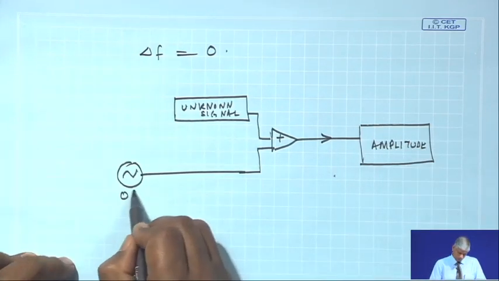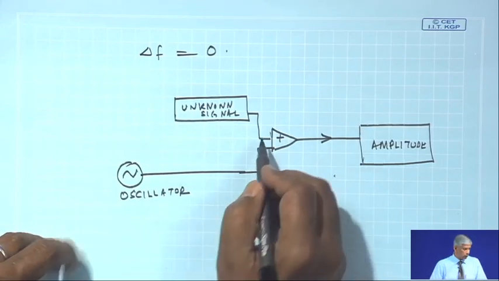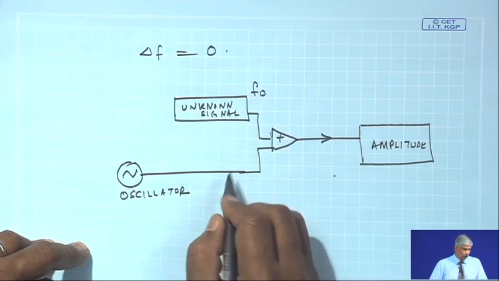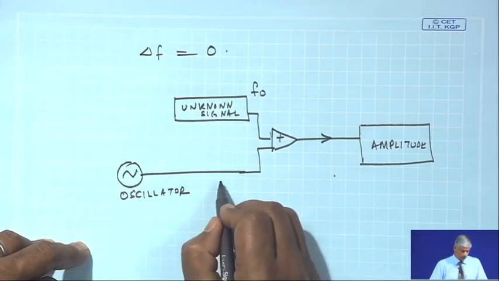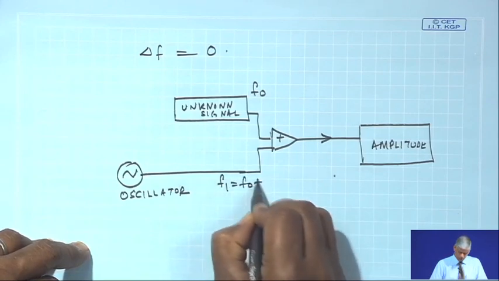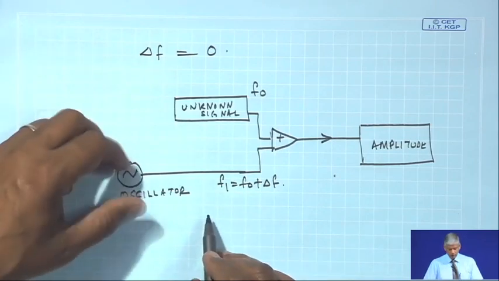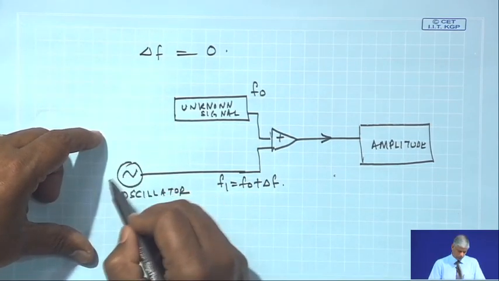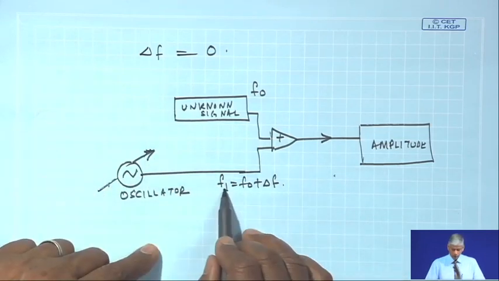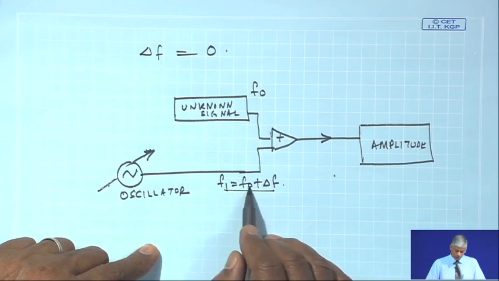So, this is my original signal f naught. I will create a signal here where f 1 is nothing but f naught plus delta f. So, I will be changing the signal frequencies in this oscillator and generate this signal. Whenever f 1 becomes equal to f naught, what happens?